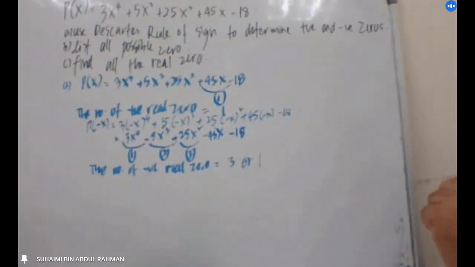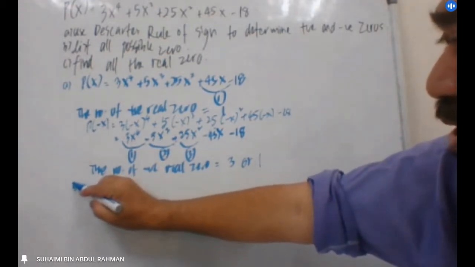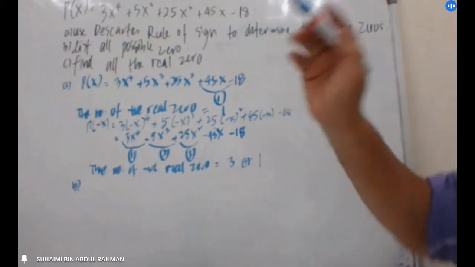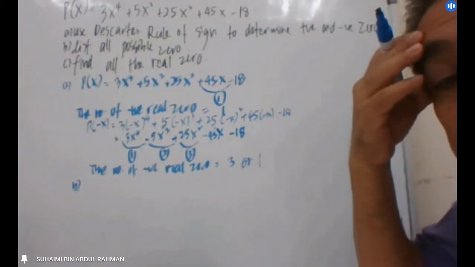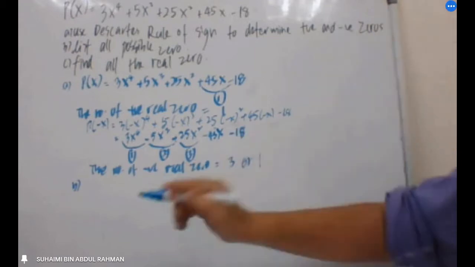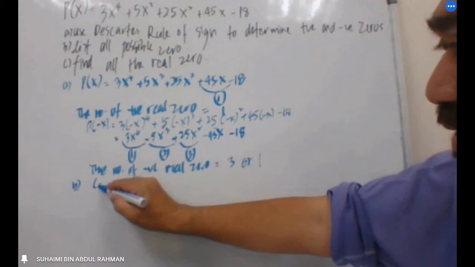List all possible zeros. Now we use the rational zeros theorem again. The rational zeros theorem says that the list of all possible rational zeros will be plus minus C over D. So we have to find what C is.